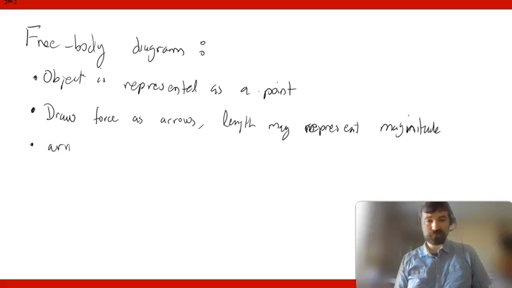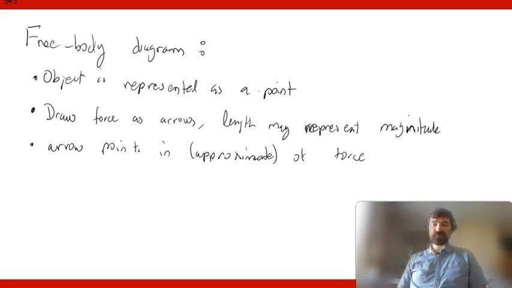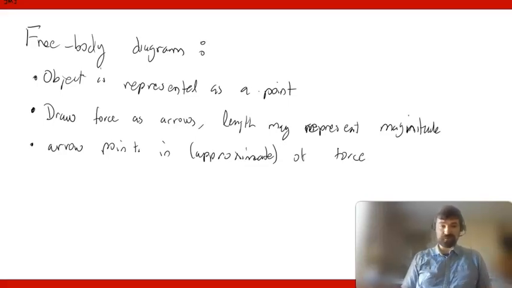So the arrow points in approximately the direction of the force. And these are, I guess you could say, the simplest to draw because you don't need any particular artistic ability. Here's a simple example.